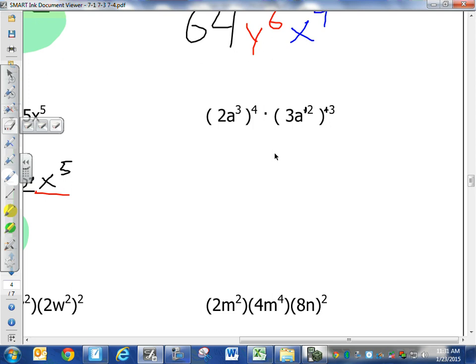If you need a calculator for these big number multiplication things, you can use one, okay? Ready?